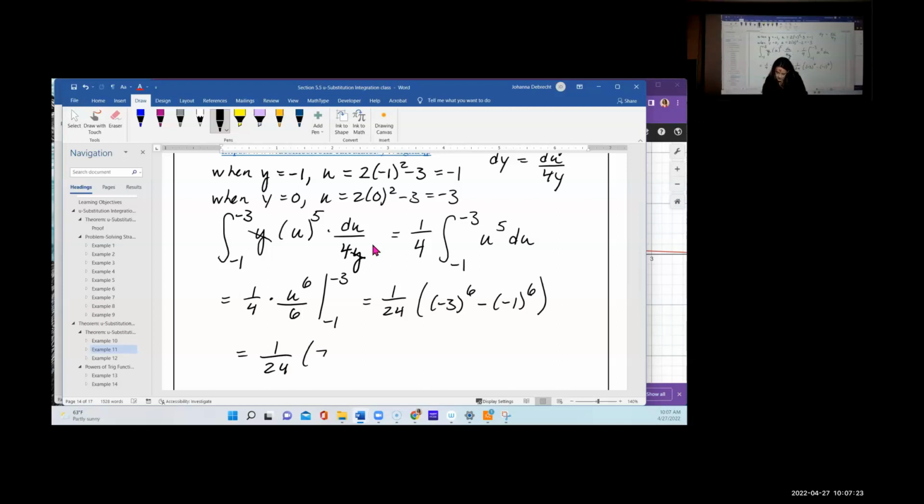1/24 times 729. Make sure you do the order of operation. The exponent happens first. So -1 to the 6th is a +1 and it's being subtracted. So this is -1. So that gives us 728 divided by 24. They're both divisible at least by 4 because the last 2 digits of 728 are 28 and 28 is divisible by 4.